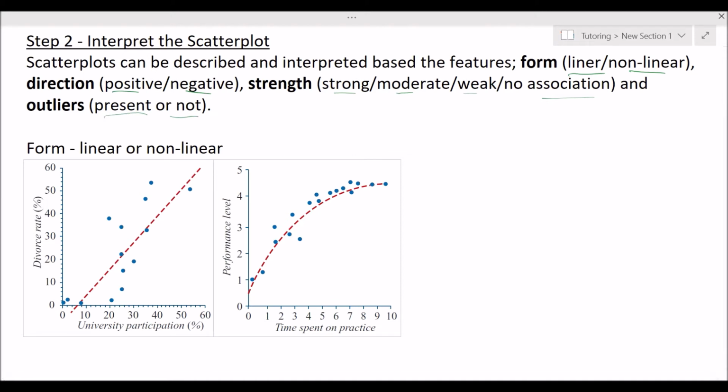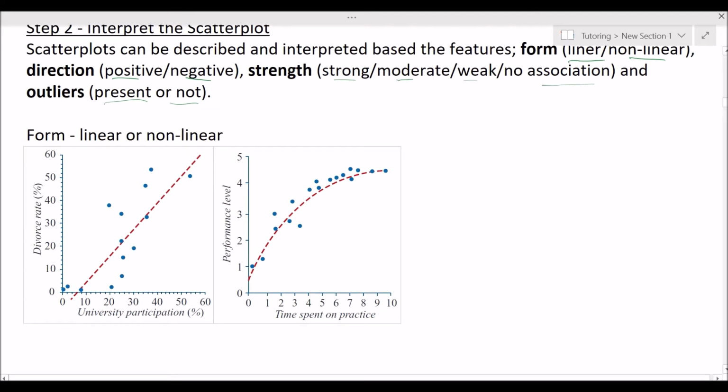The first one here I have for form, linear or non-linear. You can see these two examples here. The one on the left is a linear relationship, whereas the one on the right is non-linear. It has a curve to it. So it's important that we are able to identify linear and non-linear because, as I mentioned earlier, one of our assumptions is that we have a linear relationship in our data, because remember, what we are doing is called linear regression analysis.